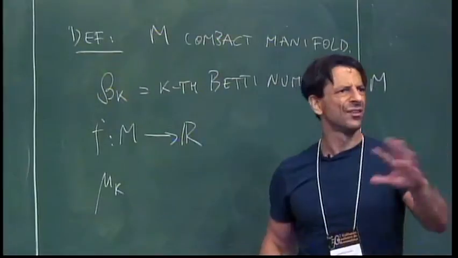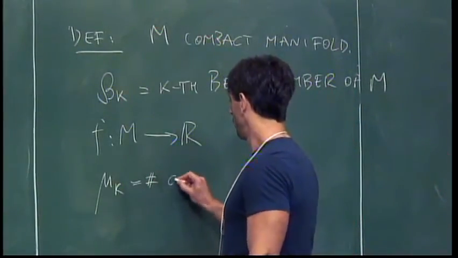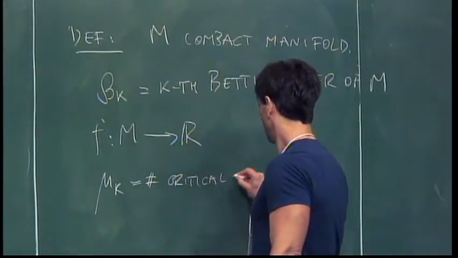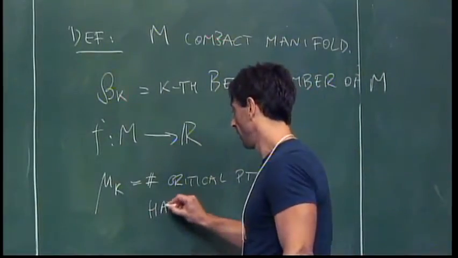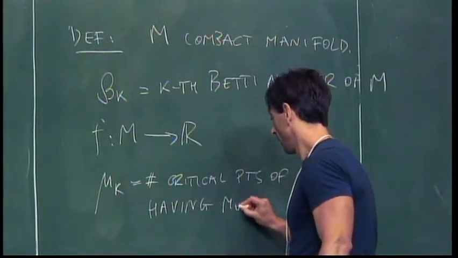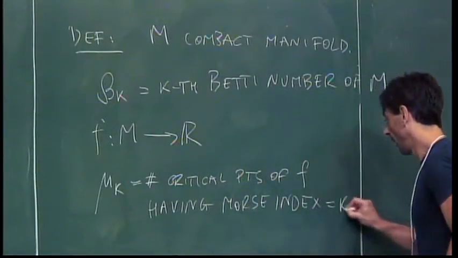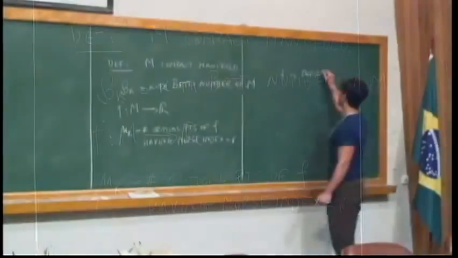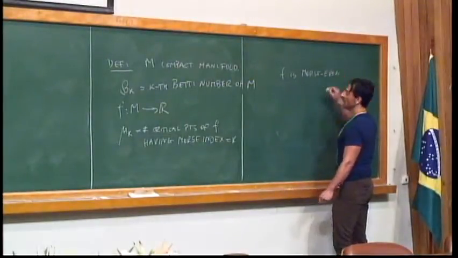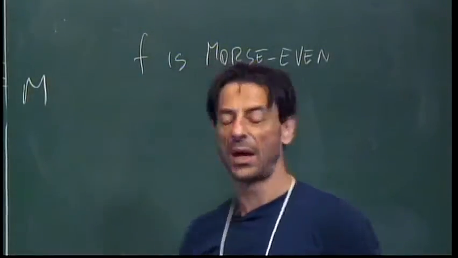I think this has had a different name in Graham's talk. So this is the number of critical points of f having Morse index equal to k, okay? Now I say that f is Morse even if these numbers here are always even, okay?